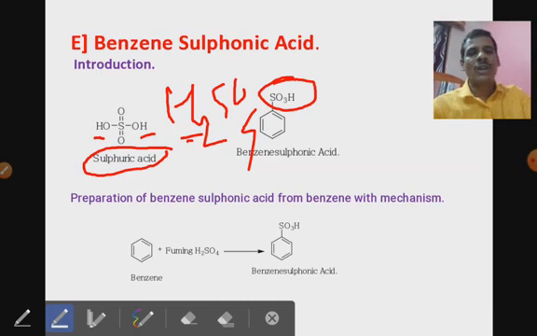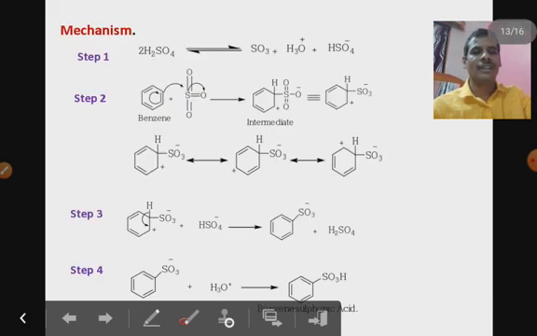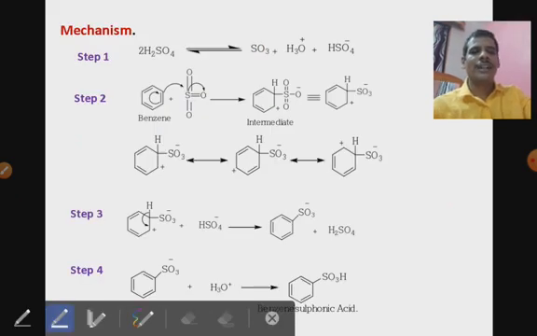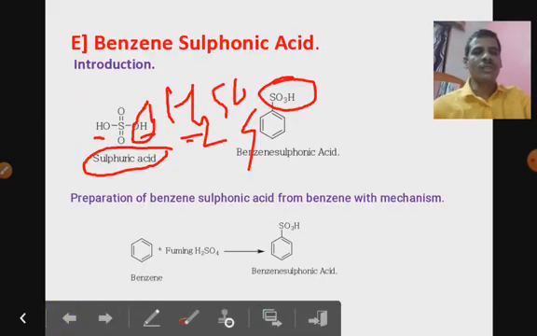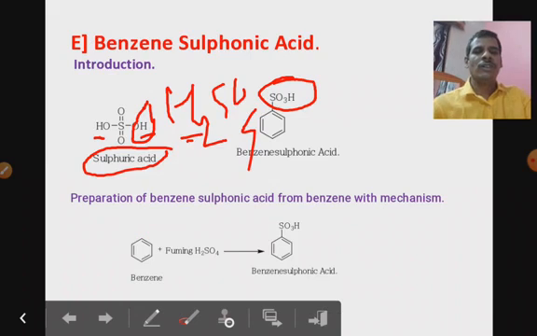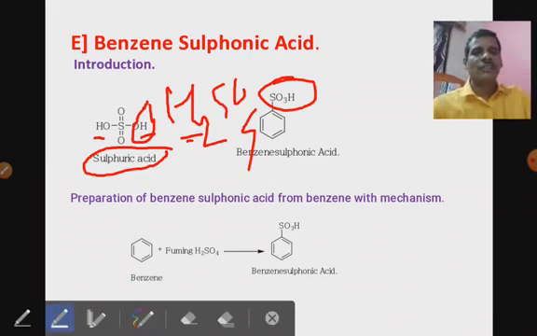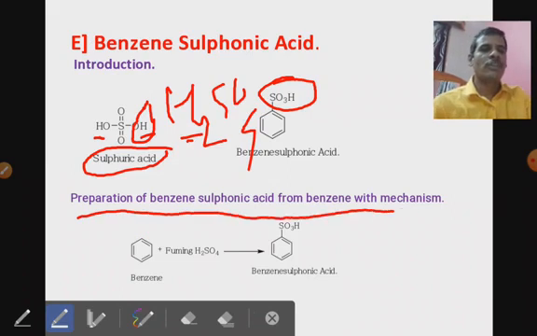Out of this, one OH is replaced by the phenyl ring. In this way there is a formation of phenyl sulfonic acid, or benzene sulfonic acid.